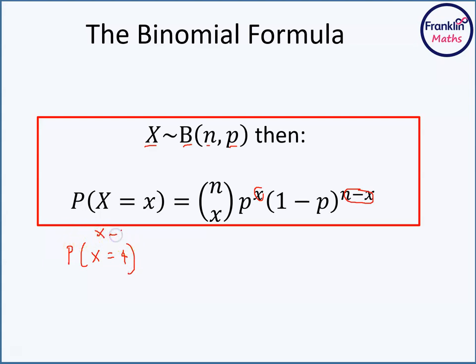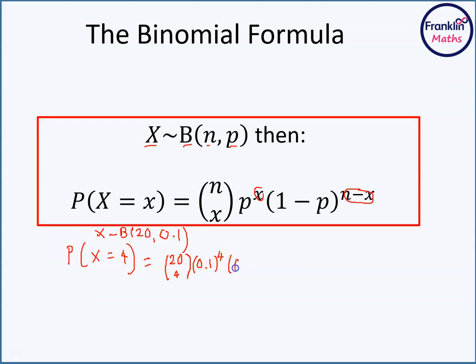So X tilde B, let's have 20, and I don't know whether it's decimal or not, let's have it as 0.1. The probability that X equals 4 is going to be n choose x, so that's 20 choose 4, times 0.1 to the power of 4. So it's quite a nice pattern to follow.